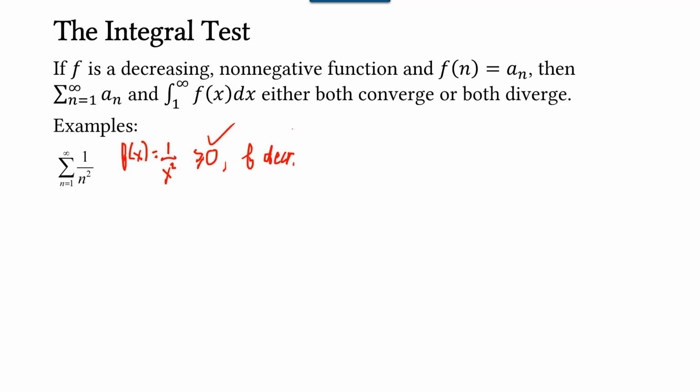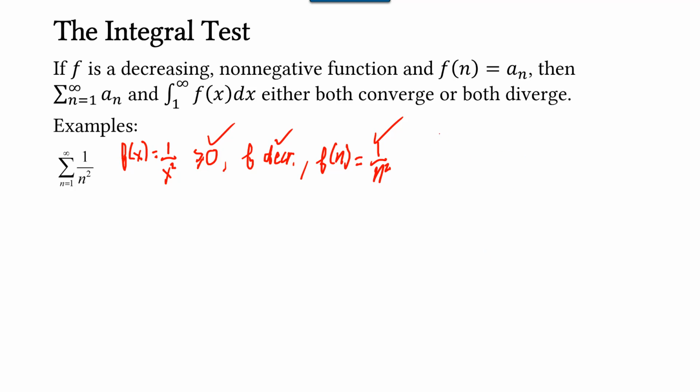So I'm checking off the requirements of the theorem. And if I plug n into the function, I get 1 over n squared. That's my a sub n. So the integral test says the series and the integral both converge or both diverge.